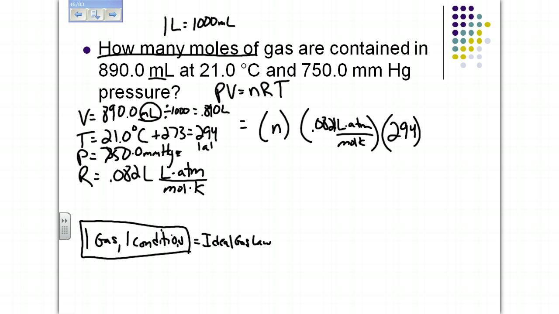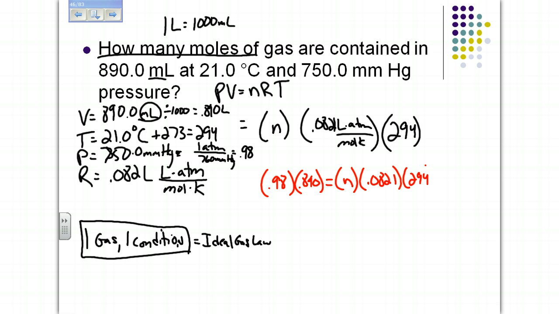So 1 atm divided by 760 millimeters of mercury, and this is going to come out to 0.98. So rewriting my equation, 0.98 for pressure, volume is 0.890, and that's going to equal n times 0.0821 times 294.